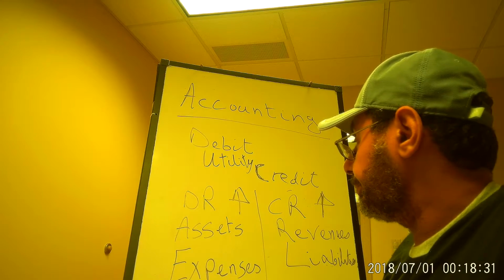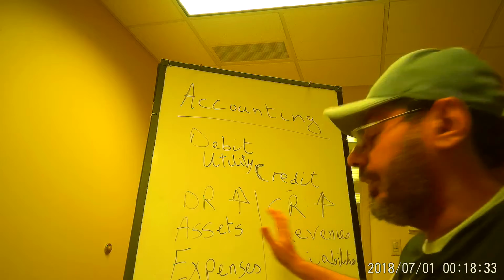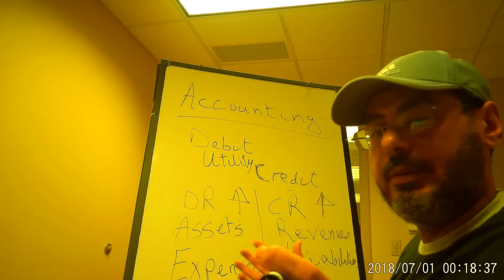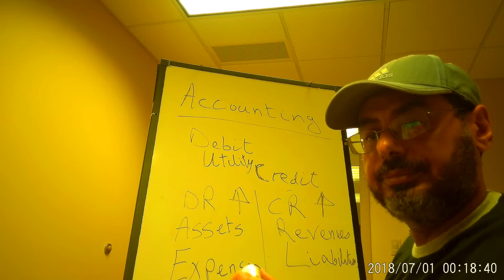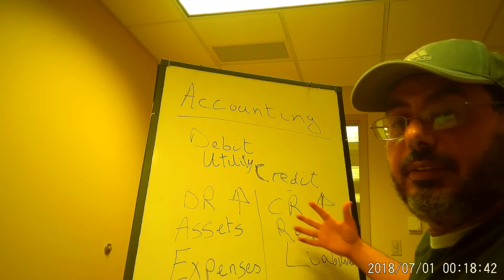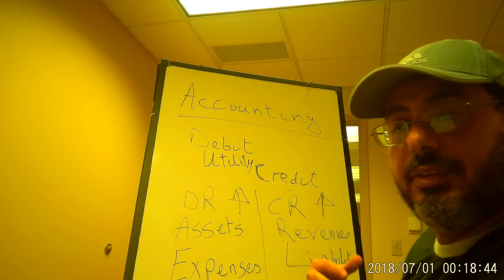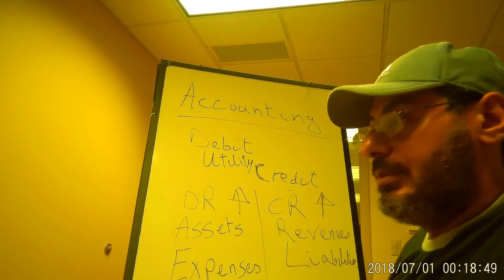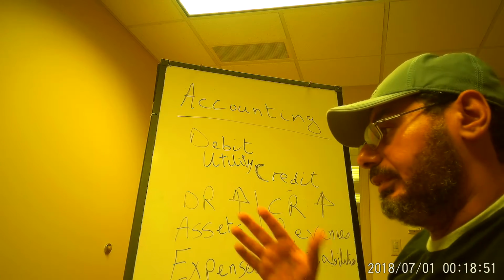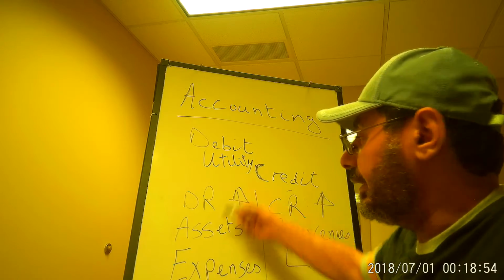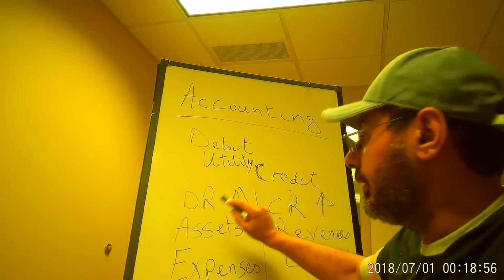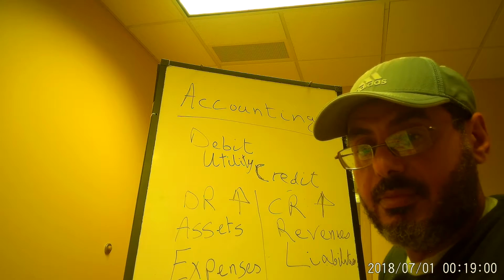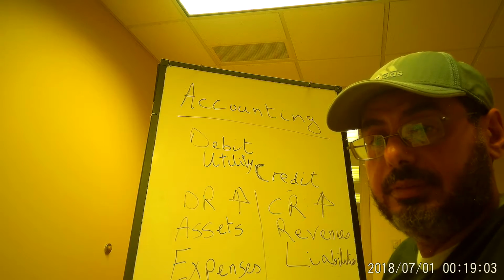So that's what makes the two sides of the equation always balance in the end. Because at the end of the transactions, they have to balance. So when you look at the trial balance or list of the balances, total credits always have to equal total debits. Otherwise, there's something wrong.